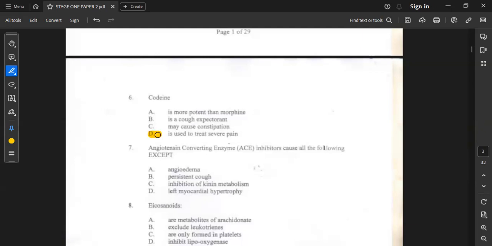I think the answer would be C. Because remember, codeine is a constituent in cough syrup, specifically an antitussive, not an expectorant.